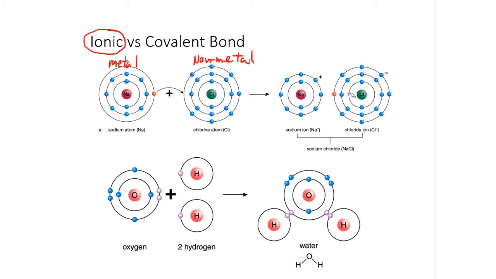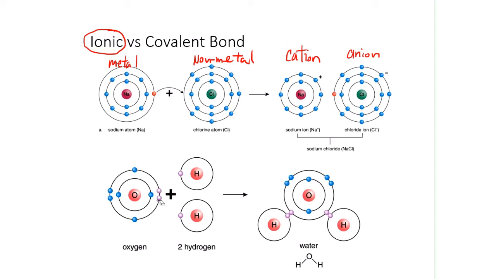These bonds are quite strong because they are held together through electrostatic attraction. When the sodium loses the electron, it becomes a positively charged cation, and when the chlorine gains the electron, it becomes a negatively charged anion, and positive is attracted to negative, creating this strong ionic bond.